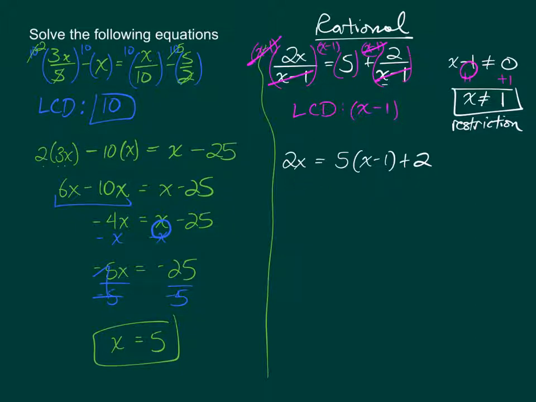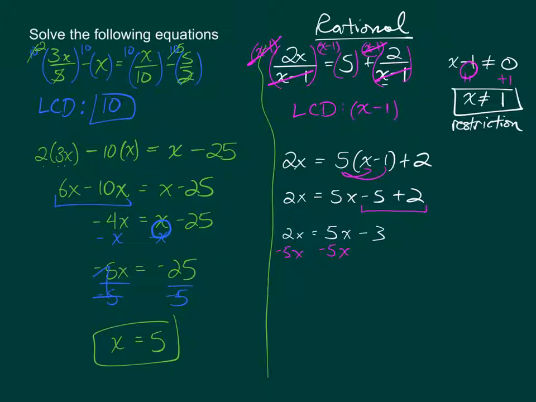All right, so let's do it. Distribute the 5, that gives you 2x equals 5x minus 5 plus 2. And now I will combine these to get 2x equals 5x minus 3. And I'm going to subtract 5 x's, similarly to what I did over here with moving this x instead of these negative 4 x's. That way I get all of the x's on the left and all of the constants are already on the right.